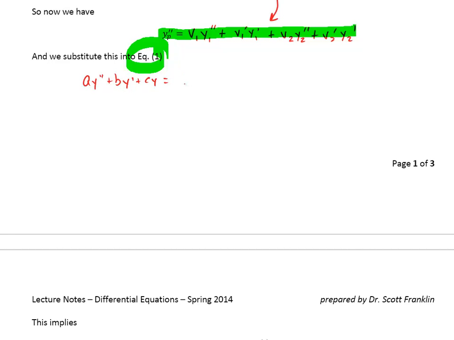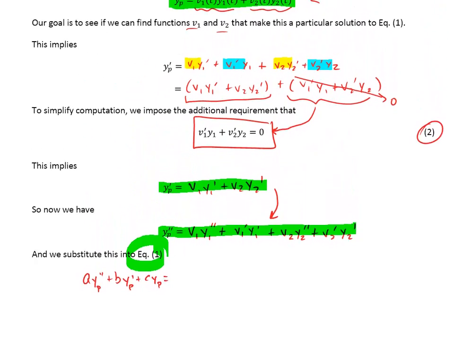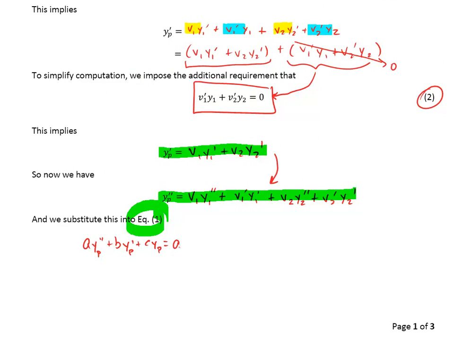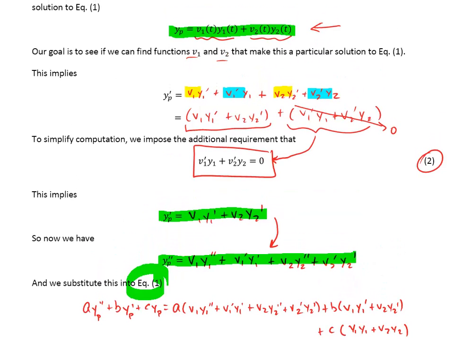So if I plug yp into each of these, and again recognizing what we know them to be from what's highlighted in green, I have a times yp double prime, which is v1 y1 double prime plus v1 prime y1 prime, plus v2 y2 double prime plus v2 prime y2 prime, plus b times yp prime, which is v1 y1 prime plus v2 y2 prime, plus now c times v1 y1 plus v2 y2. I'm just leaving off the part where it says of t.